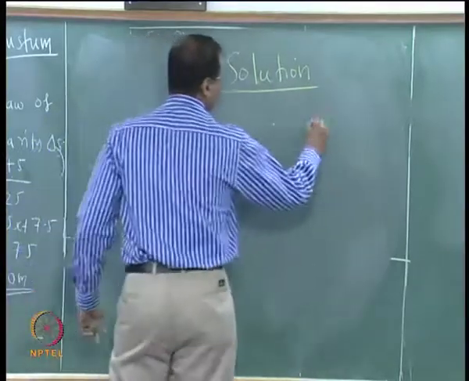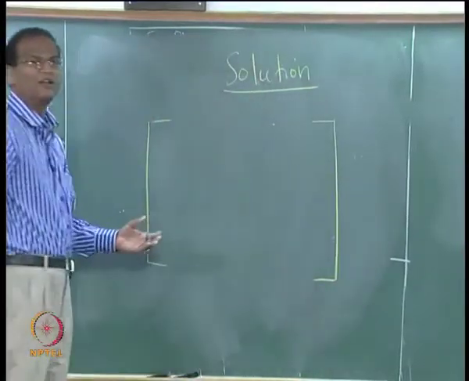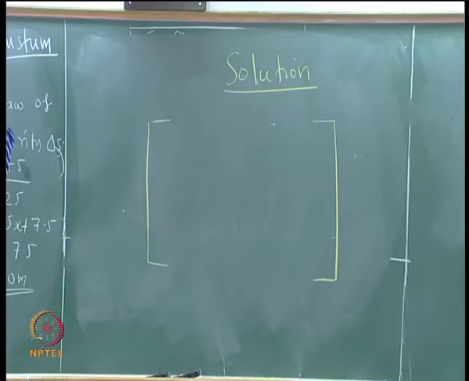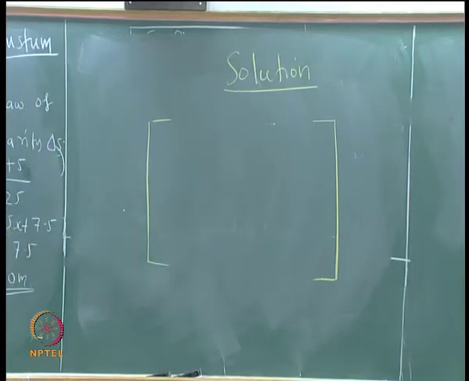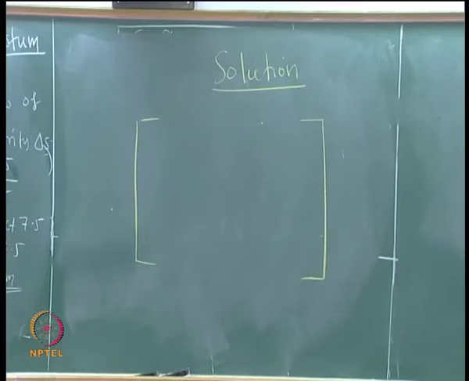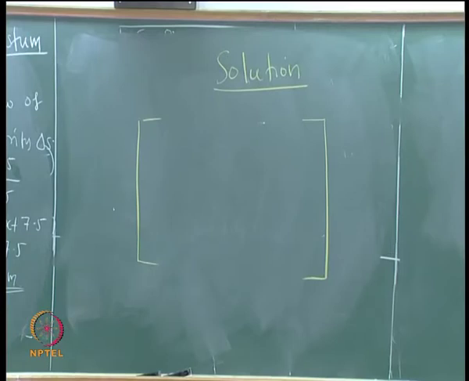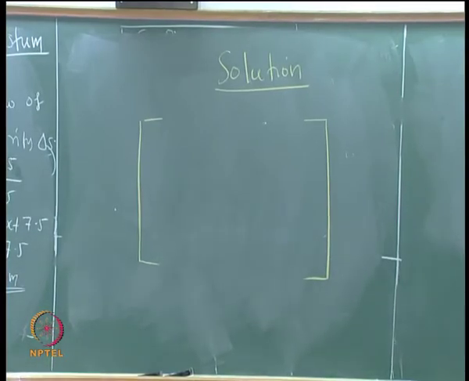So finally you have to put the solution like this, which can be entered into your computer program if you are doing the enclosure analysis. Because it is 3 by 3 you are able to do it by hand; if it is 10 by 10 or 20 by 20, you will write a program to determine the view factors and store it once and for all. Then when the temperatures are dynamically updated, this will not change because it is a function only of the geometry.